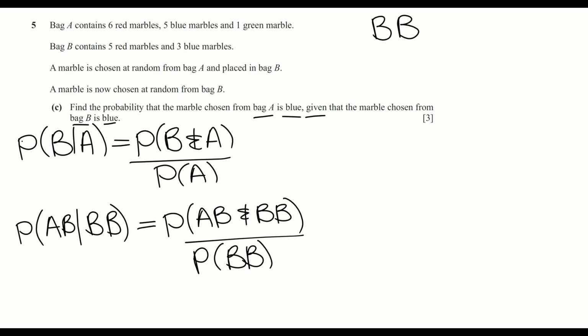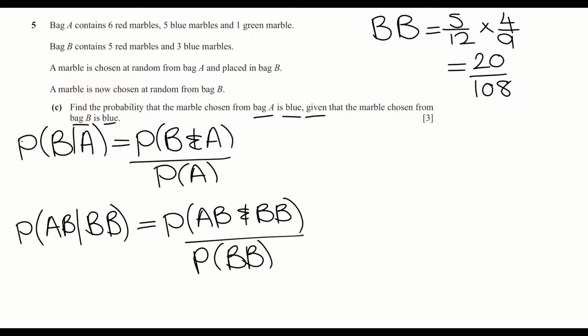We have a blue marble and a blue marble, so we multiply these together. 5/12 multiplied by 4/9. I'm going to multiply these together quickly, and I get 20/108. And I can leave my fraction as it is for now.